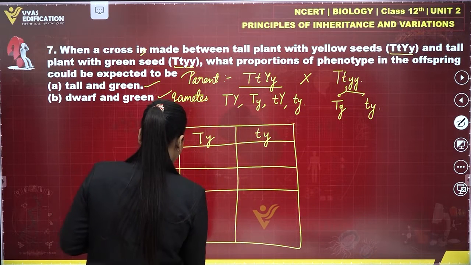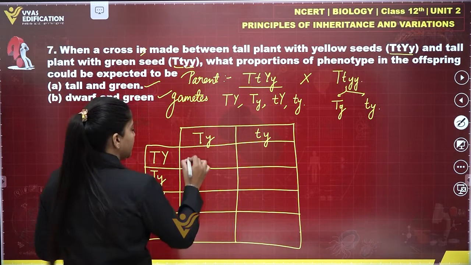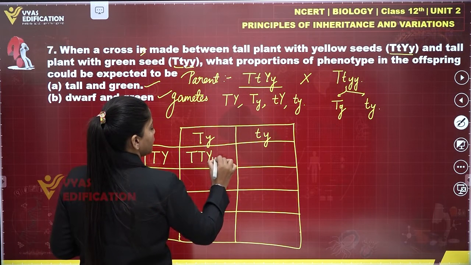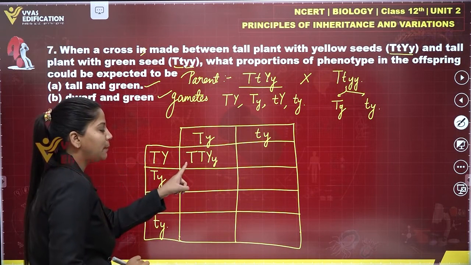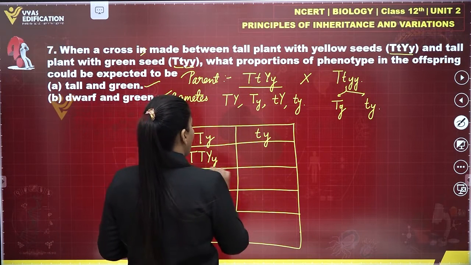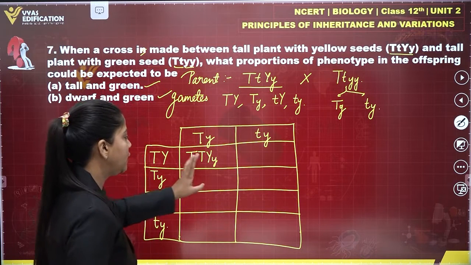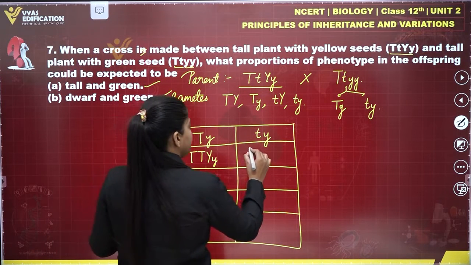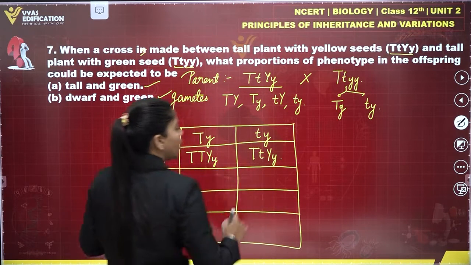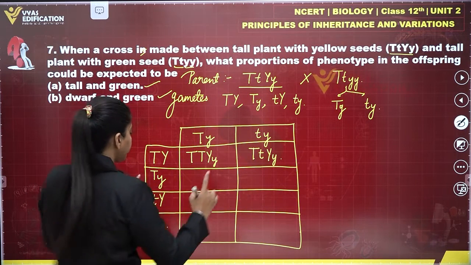So the first result is capital T, capital T, capital Y, small y. This is a plant with tall height and yellow seed. Next is capital T, small t, capital Y, small y. This is also a tall plant with yellow seed.